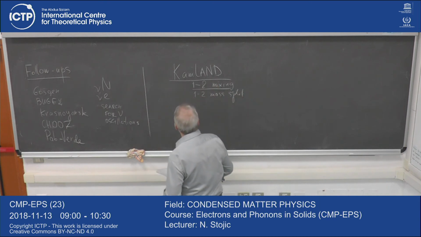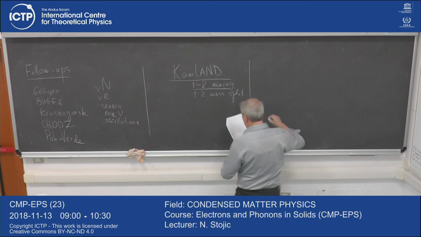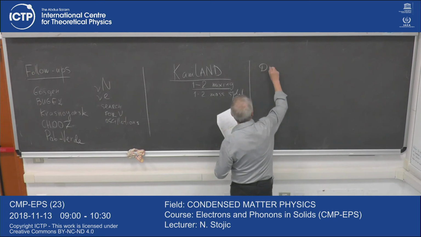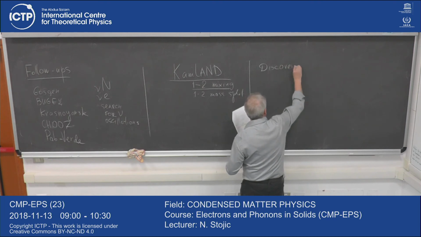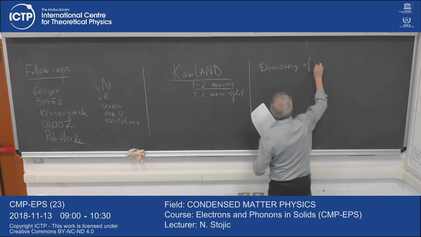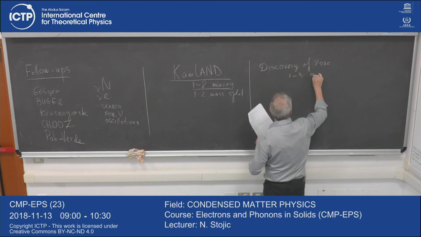That actually led to a solution of the solar neutrino problem. The next series of experiments was the discovery of oscillations with 1-3 mixing and split.